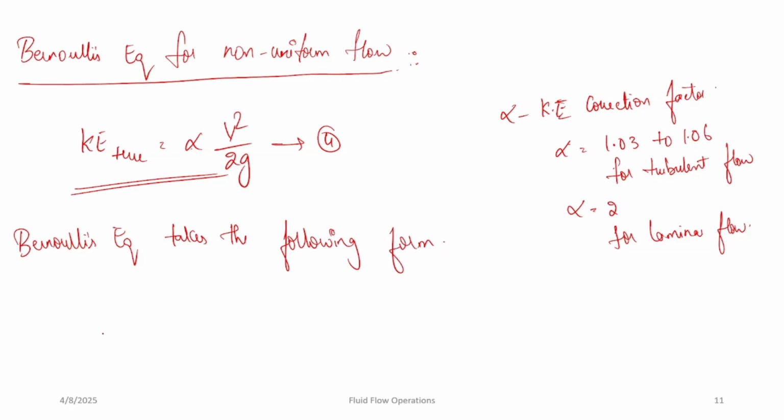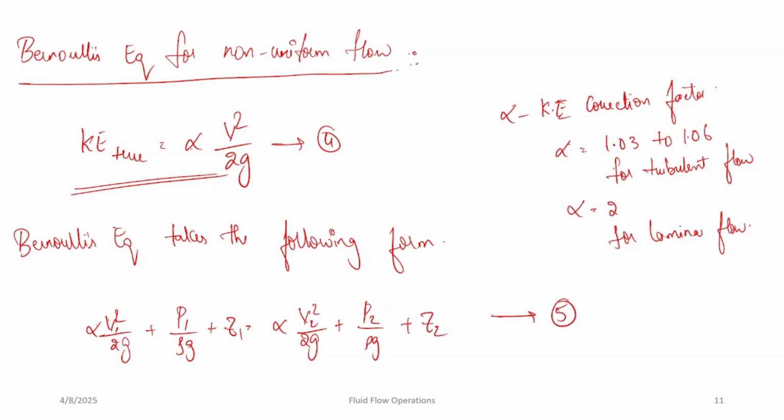It will become alpha into V1 square by 2g plus P1 by rho g plus Z1, which is equal to alpha into V2 square by 2g plus P2 by rho g plus Z2. This becomes equation number 5.